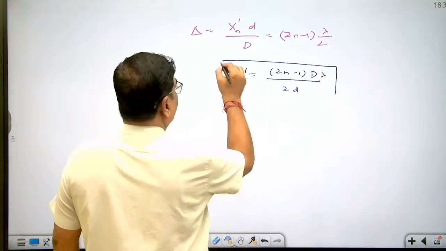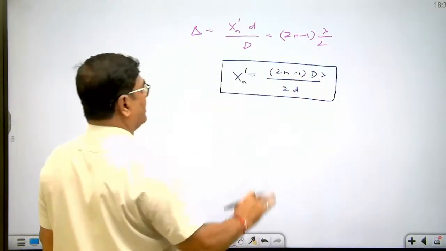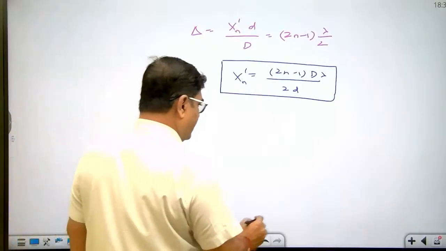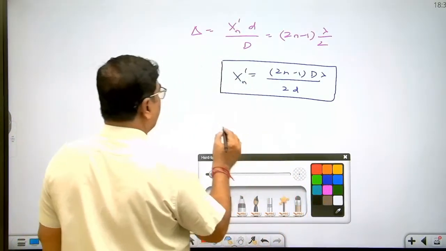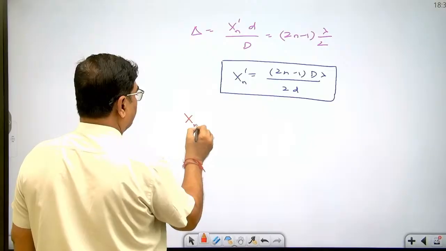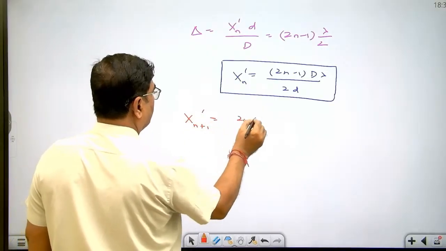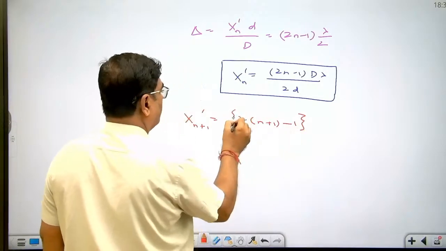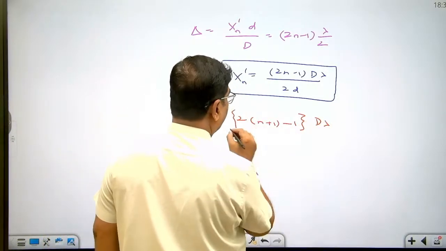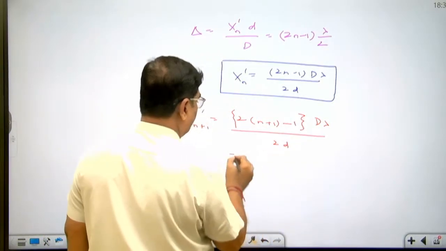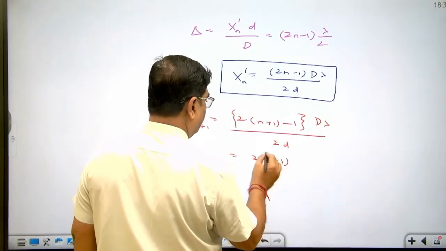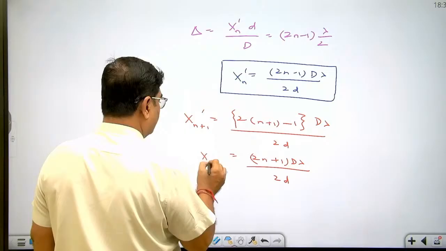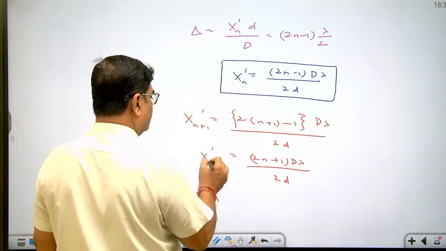Now we can easily determine the position of n plus 1th order dark fringe from central fringe. Substitute n plus 1 in place of n. This is the position of n plus 1th order dark fringe from central fringe.